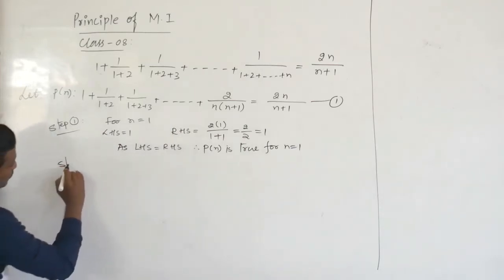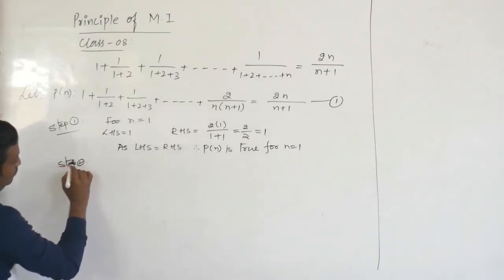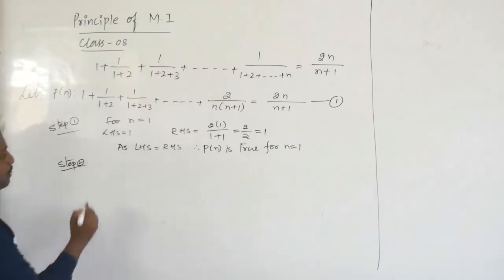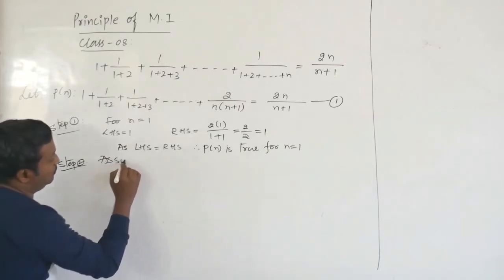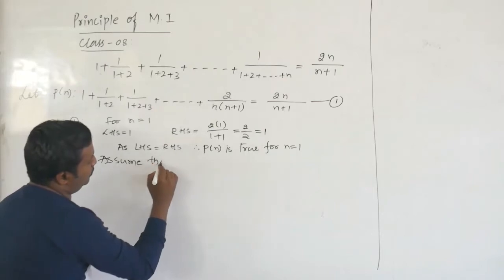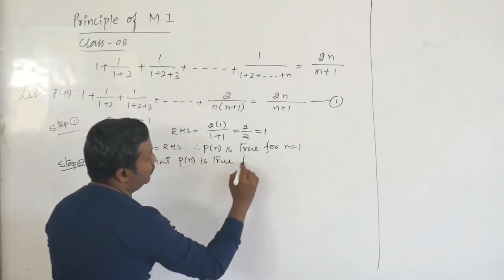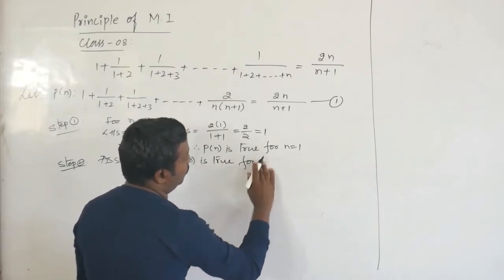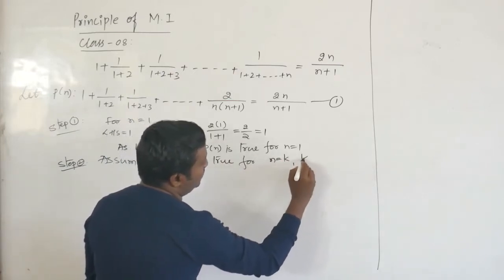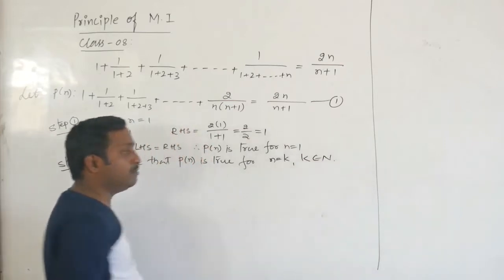Step 2. Assume that P of n is true for n equal to k, where k is any natural number.